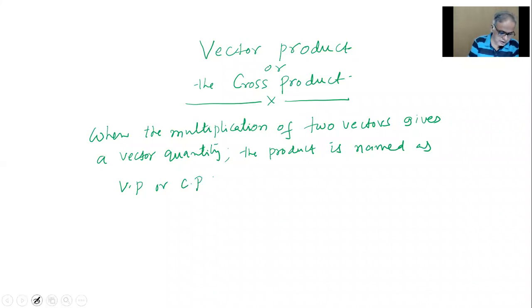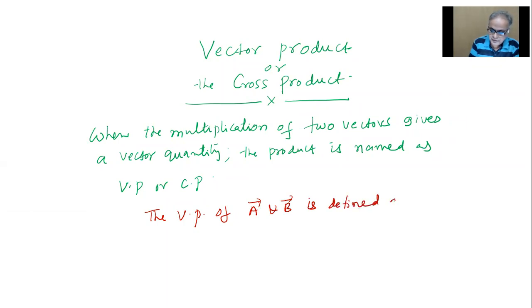Okay. Now the vector product of vector A and vector B is defined as, look, A cross B is mod A mod B sine theta.